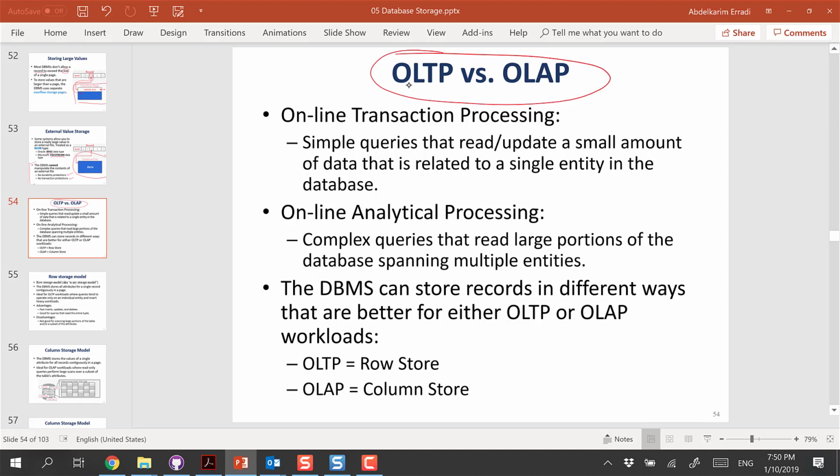Let me give you an example. Let's say you have a dashboard in the executive office or in the president's office saying, okay, let us see what is, let's say, the average GPA. Those are some performance indicators, average GPA. Now, to compute this average GPA, you have to go through all the students and basically go through the GPA column and summarize it.